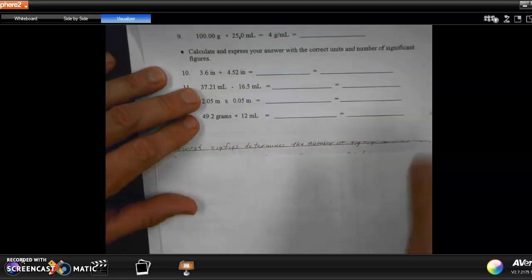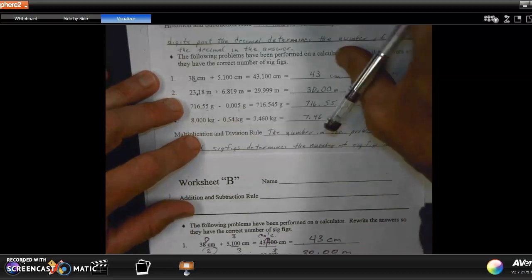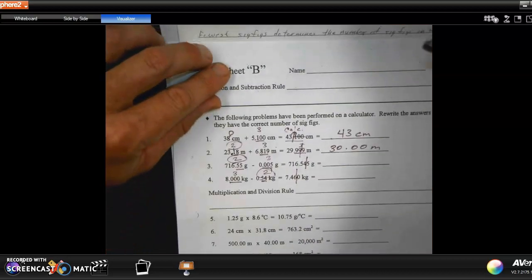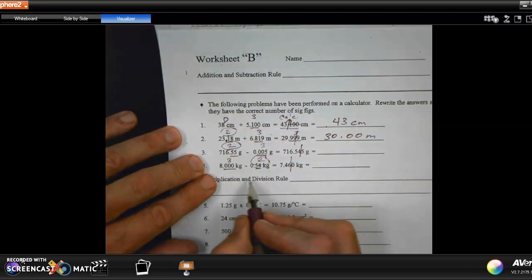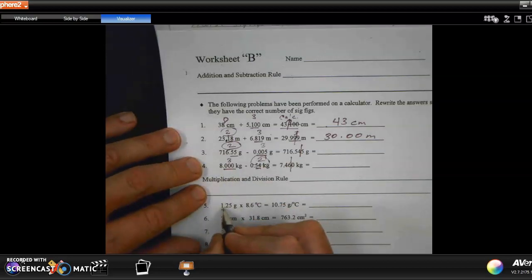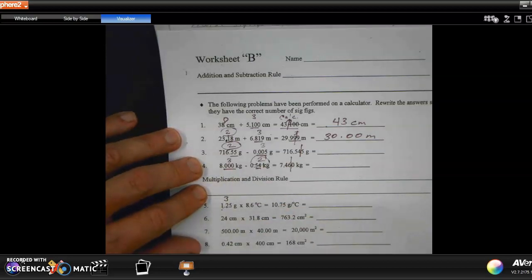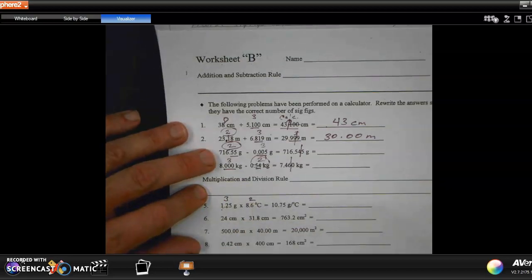Okay, so let me see if I can do this here right quick. So here, how many sig figs? So it's not places past the decimal anymore. Here we have 1, 2, 3 sig figs. Here we have 2 sig figs.